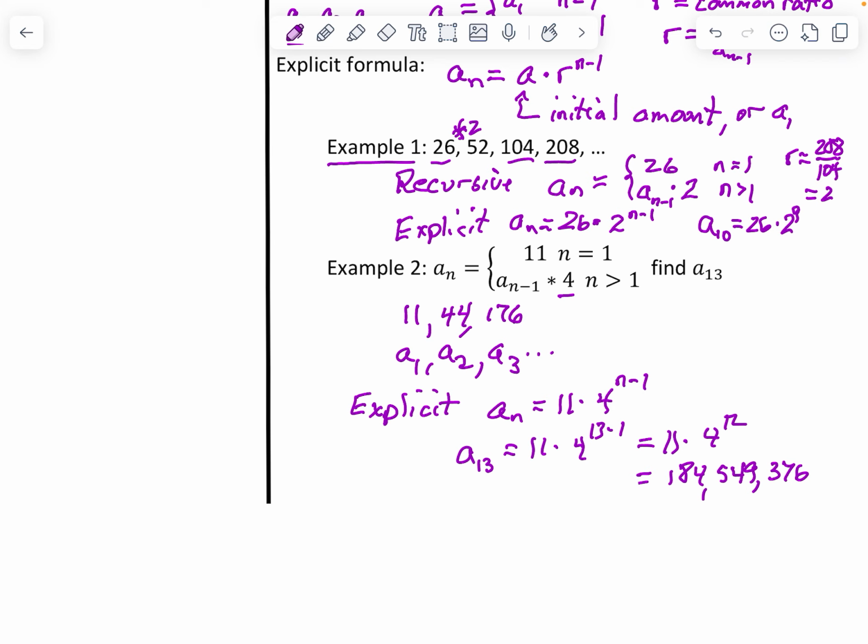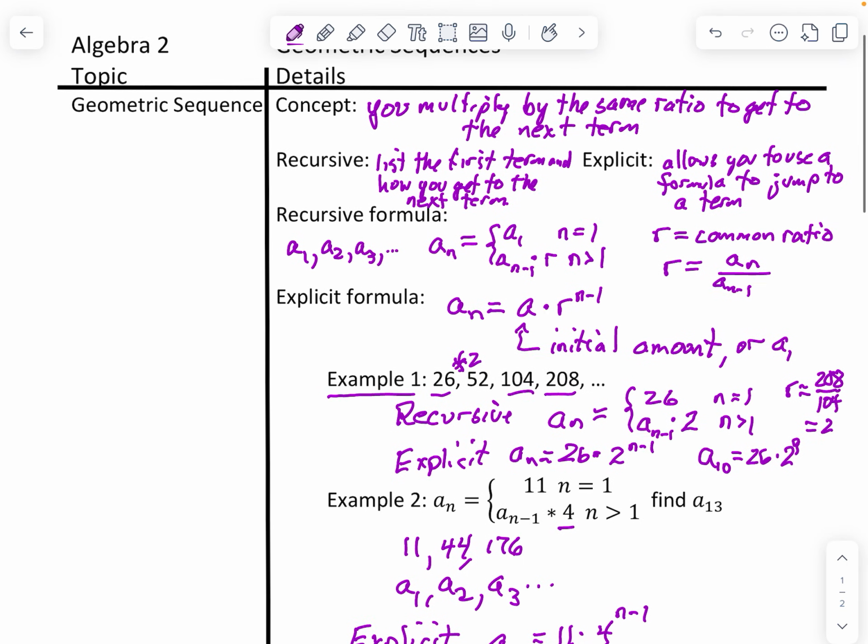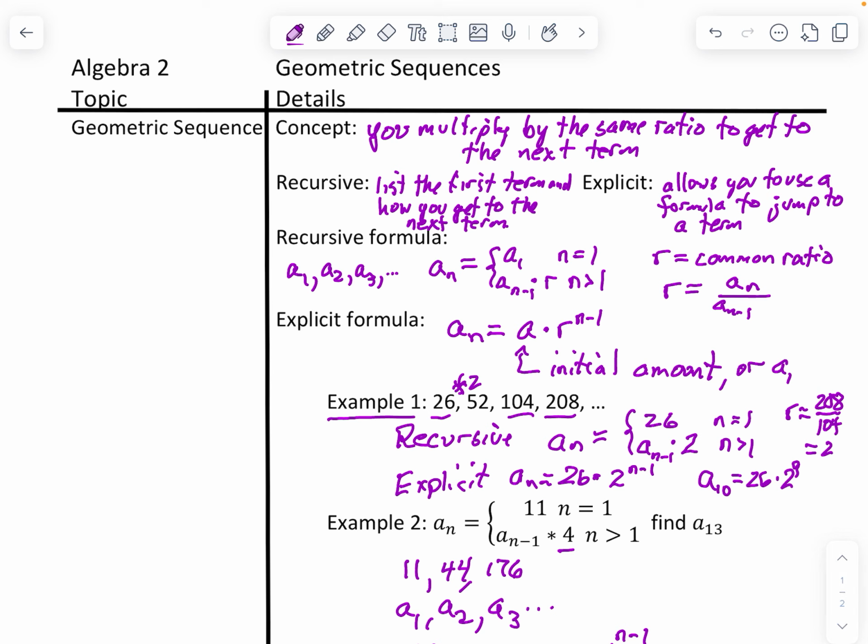All right, so in review, we're talking about geometric sequences where you start with a certain number and then you multiply by the same number to get to the next one. We've got our formulas for finding those. We've got our recursive formula and our explicit formula, and both of those have their own purposes. The recursive tells us how to get to the next term, what we multiply by each time.